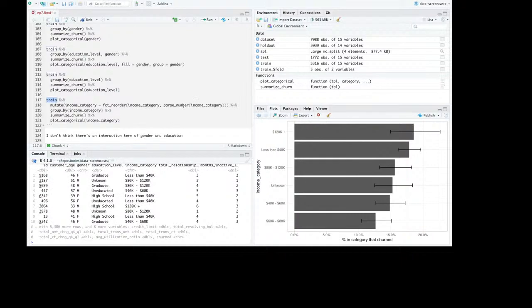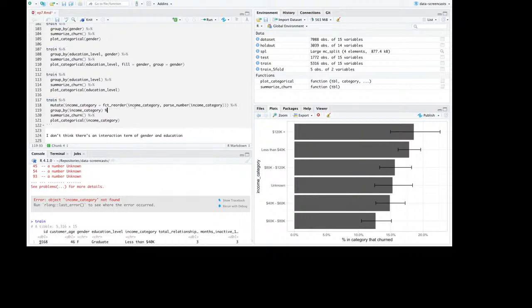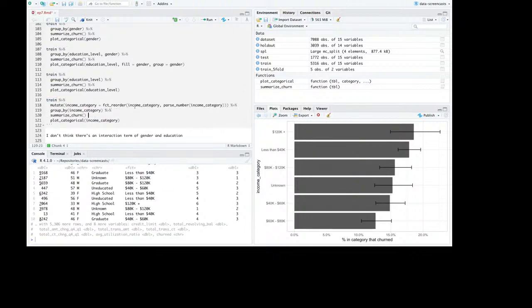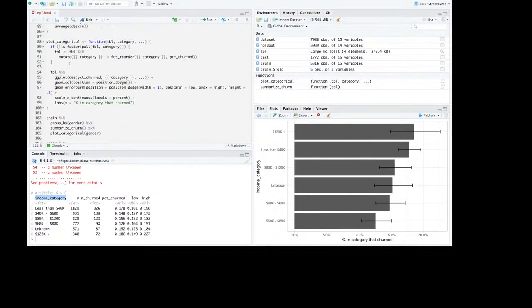Income. Did I spell one of them wrong? Object income category not found. Yeah, I've got my income category. Here we go. Tibble is this. Oh, here it is. Small bug.